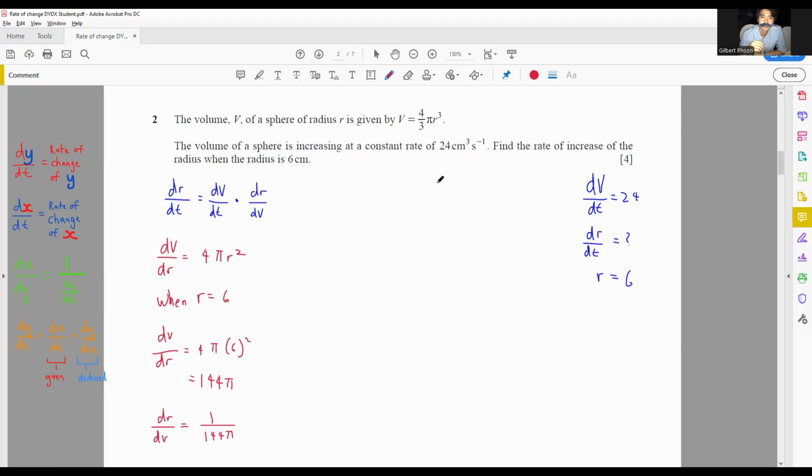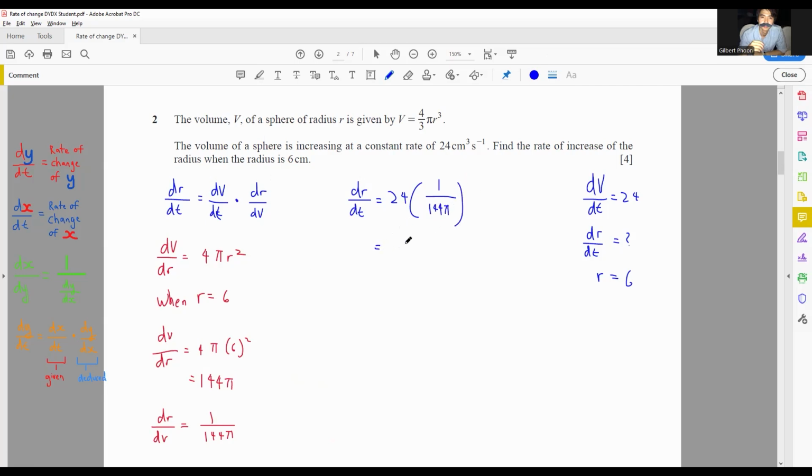Then lastly, all we have to do is solve the rest of the equation. dr over dt is equal to dV over dt, given here as 24, multiplied by dr over dV, which we have deduced here, 1 over 144 pi.